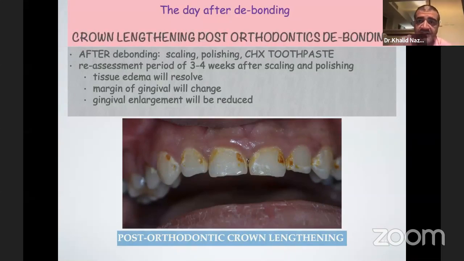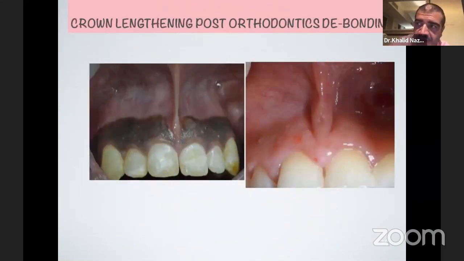And then we decide how to move with aesthetic crown lengthening or aesthetic crown lengthening with veneers. But usually, most of the ortho cases that I've seen after debonding will require frenectomy with crown lengthening, because a lot of these frenum attachments are either junctional or gingival.